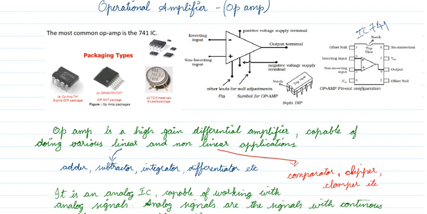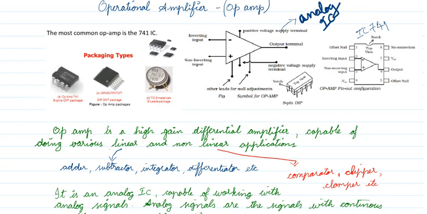Now we will understand why it is called operational amplifier, right? What are these operations? These are nothing but mathematical operations: addition, subtraction, integration, and differentiation. These operations are done using operational amplifier. Okay, that's why it is called operational amplifier. And remember one thing, we have to be very clear with analog IC and digital IC. Our op-amp is an analog IC.